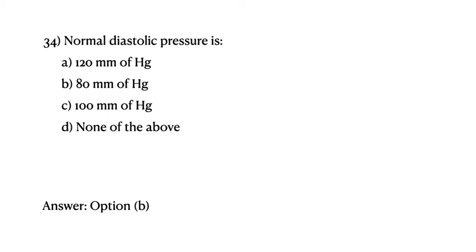Question number 34. Normal diastolic pressure is option A 120 mm of Hg, option B 80 mm of Hg, option C 100 mm of Hg, option D none of the above. Now children, normal diastolic pressure in a human being is 80 mm of Hg. So option B is the correct answer.